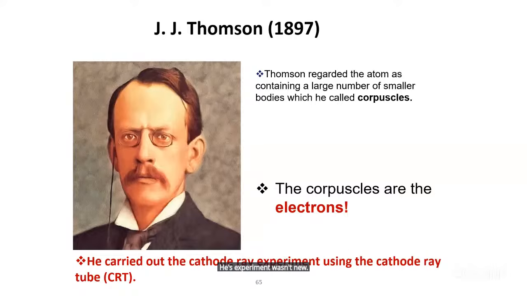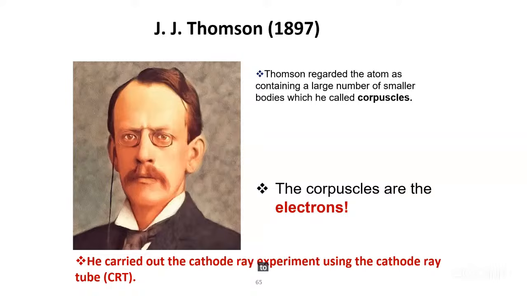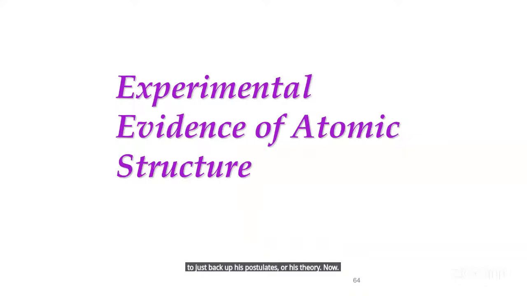It was based on chemical laws which were already existing. He was just trying to use it to back up his postulates or his theory. Now, where the actual experiment started is from J.J. Thomson. So this is where you have the experimental evidence of atomic structure.